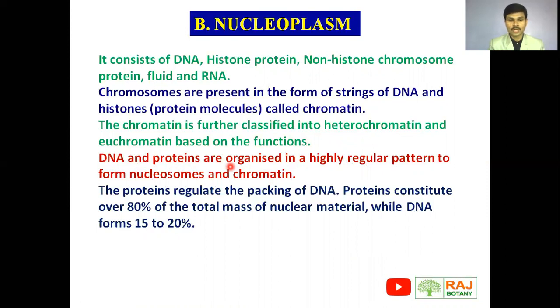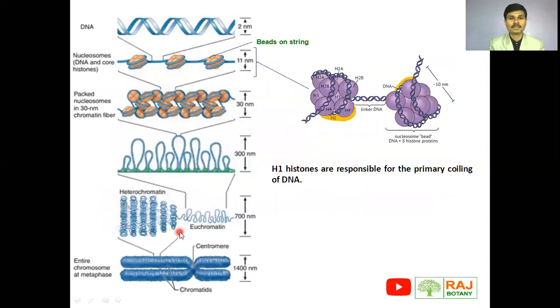The proteins regulate the packaging of the DNA. If you consider the chromosome, which consists of proteins and DNA, protein constitutes 80% of the total mass of nuclear material, while DNA forms only 15 to 20%.